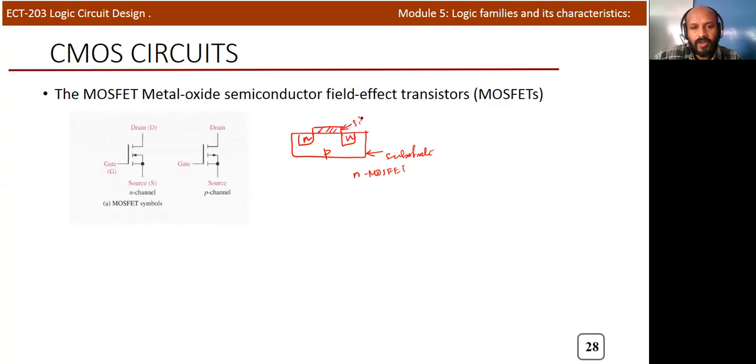Here you can see the metal portion, that is the gate terminal. So gate terminal, drain terminal, and the other terminal is the source terminal. So this is the source and this is the drain.